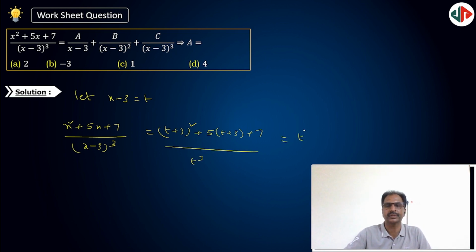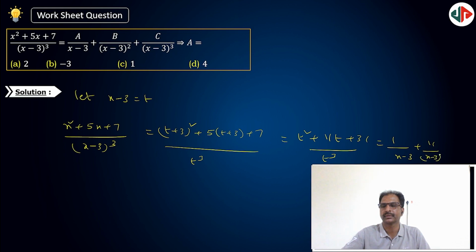Simplify numerator: t square plus 6t plus 5t, 11t, 9 plus 15, 24 plus 7, 31 by t cube. This is 1 by t plus 11 by t square plus 31 by t cube. So A is equal to 1. Option C.